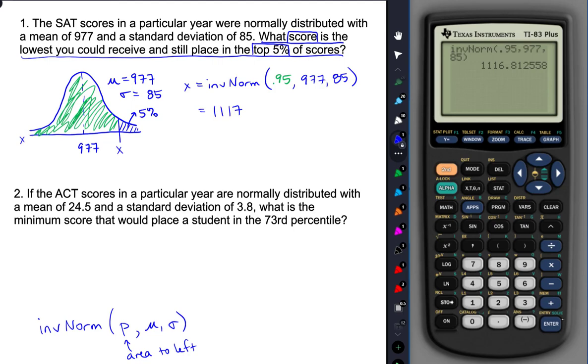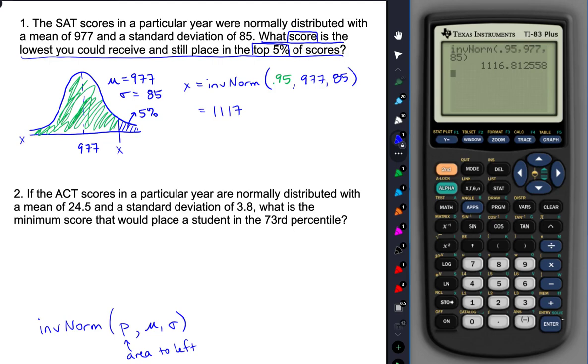Now, there's a second question here, which is only slightly different. It's basically the same. But it asks if the ACT scores in a particular year are normally distributed with a mean of 24.5 and a standard deviation of 3.8, what is the minimum score that would place a student in the 73rd percentile?